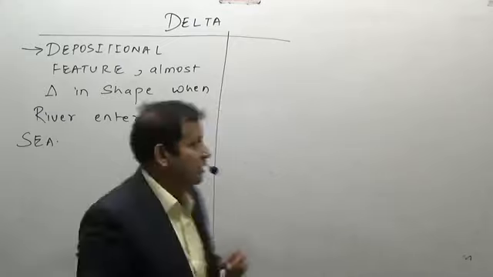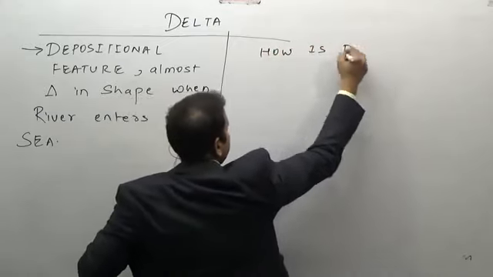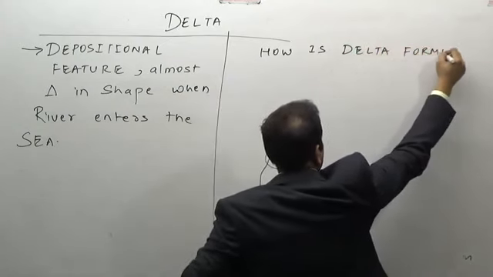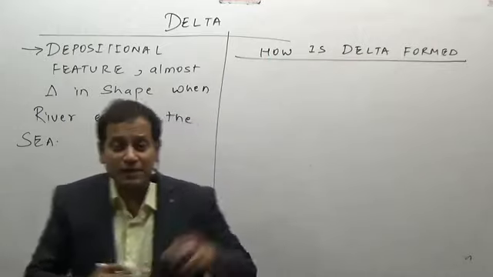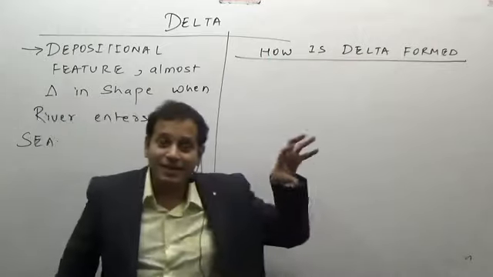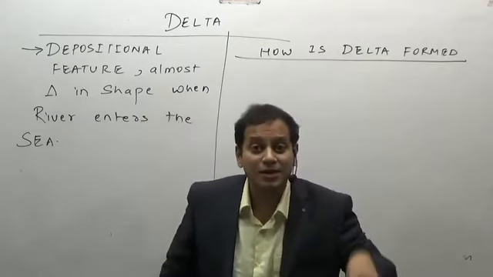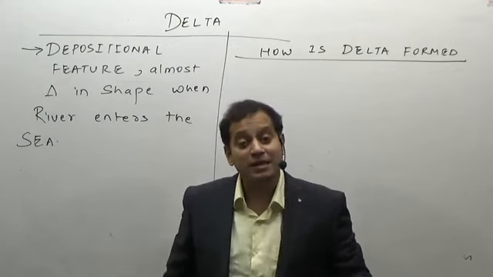Now, how is the delta formed? The river which enters into the sea region brings a lot of sediments. Due to the resistance by the sea water, the speed of the river is reduced. As a result, the river starts depositing.